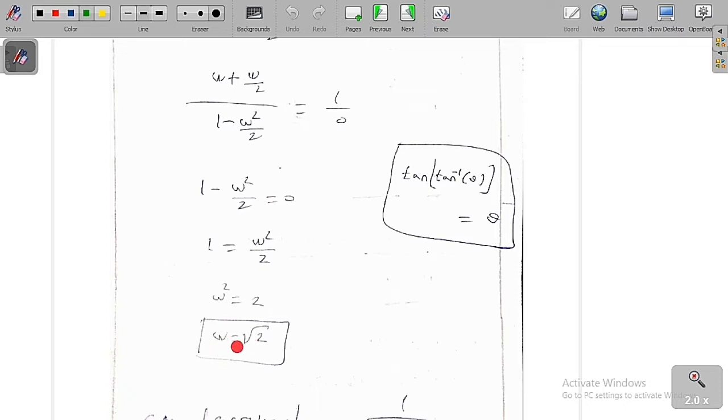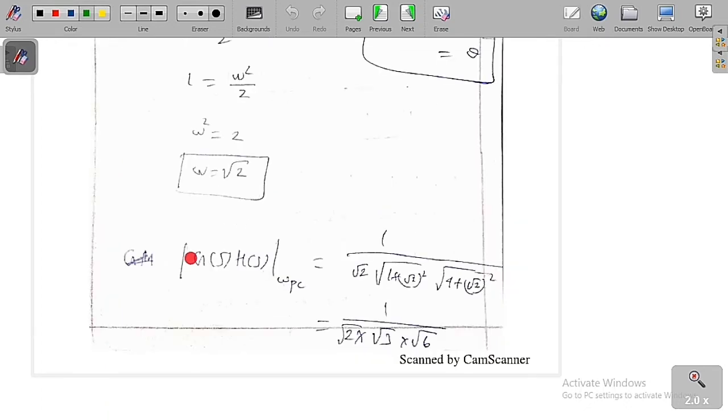Now we have to find the magnitude of G(s)H(s) at omega PC. I have already told you the magnitude of G(s)H(s) in the polar format, which is 1 by omega into root of (1 plus omega square) into root of (4 plus omega square).